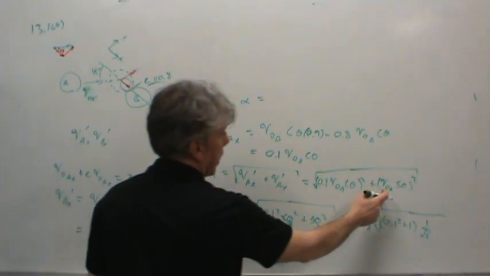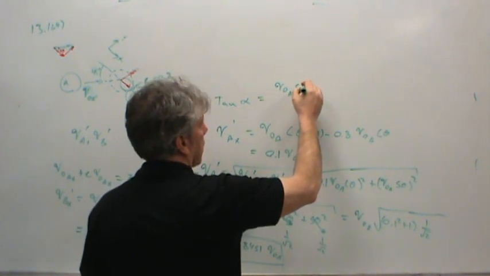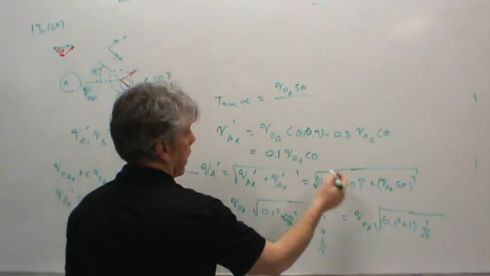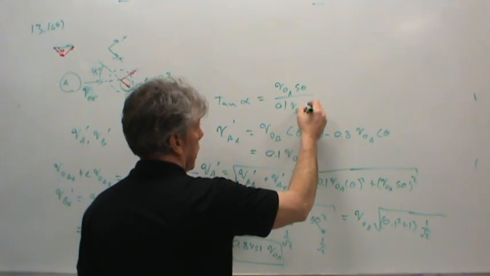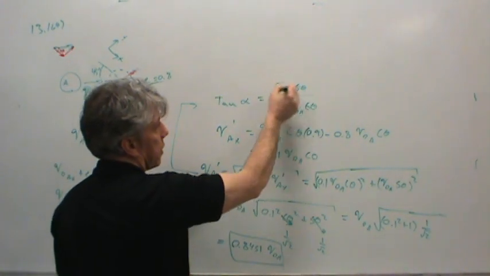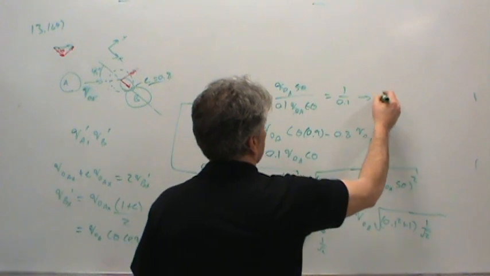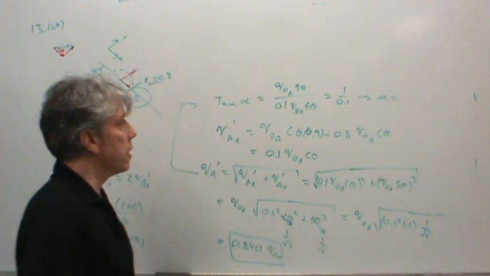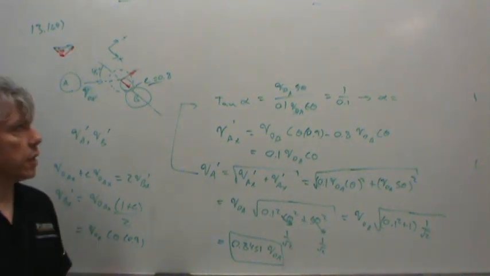So we need y, V0A sine theta, over x, 0.1 V0A cosine theta. Of course, in this particular case, sine and cosine are the same, so we simply get 1 over 0.1. So what is the angle alpha then? You take the inverse tangent of 1 over 0.1, or the inverse tangent of 10.